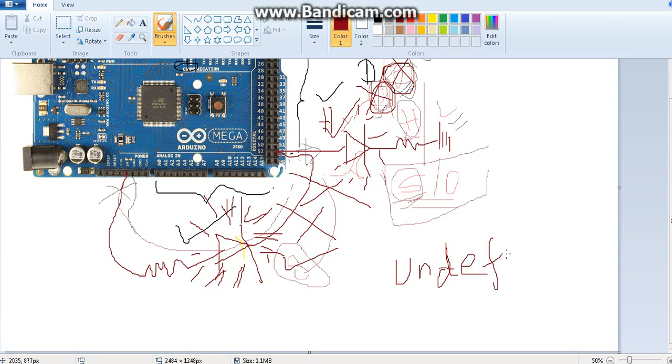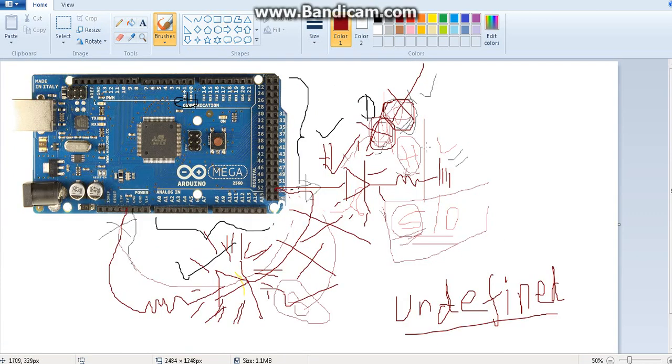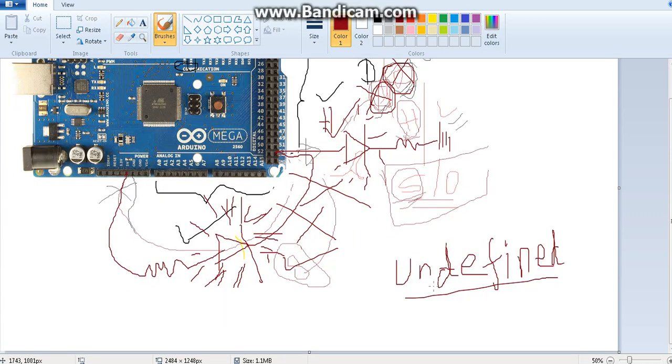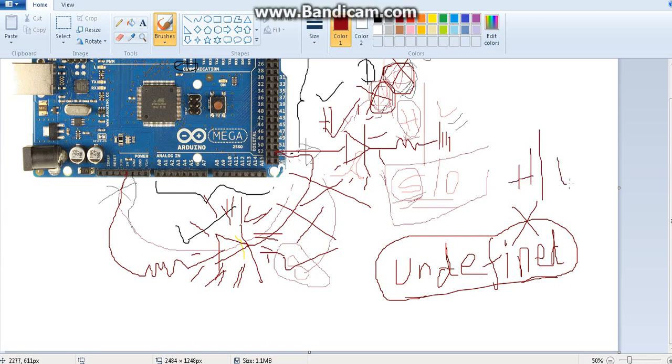It is not high, it is not low, it is not 5 volts, it is not 0. Maybe an intermediate voltage can be there. So the state is called undefined. It is not either high or low, none of that is there.